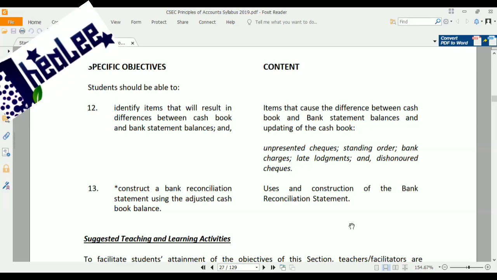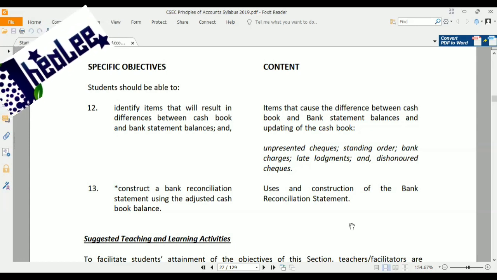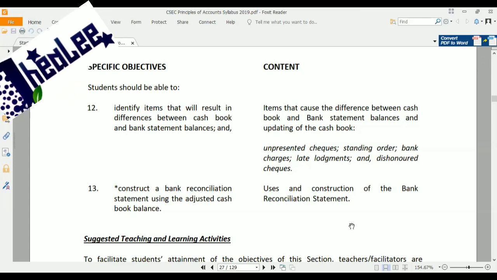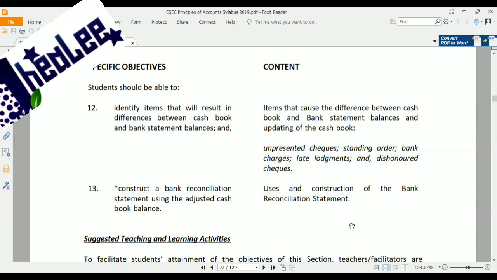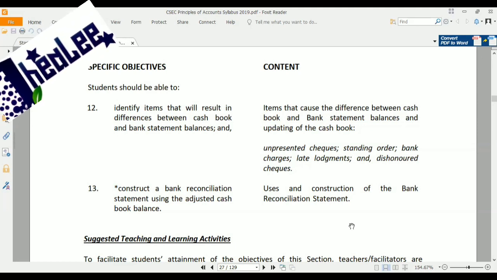Another thing that you have to look out for in doing your bank reconciliation statement is if there is an overdrawn balance in either your cash book or your bank statement. So basically there is an overdrawn balance in your bank account. You need to know how to treat that in your bank reconciliation statement.